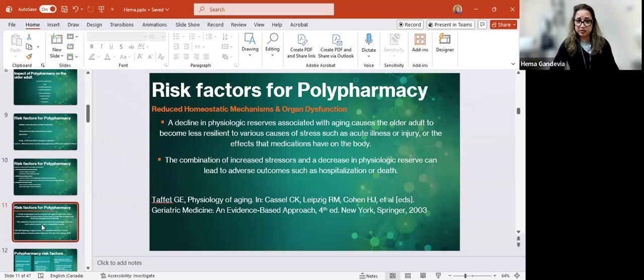Now, the combination of increased stressors and decrease in the physiologic reserves could lead to adverse outcomes such as hospitalization and or death. That is sad.